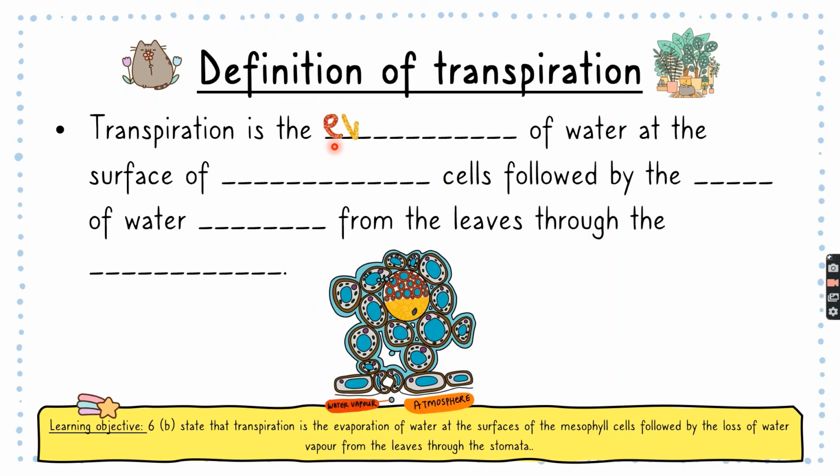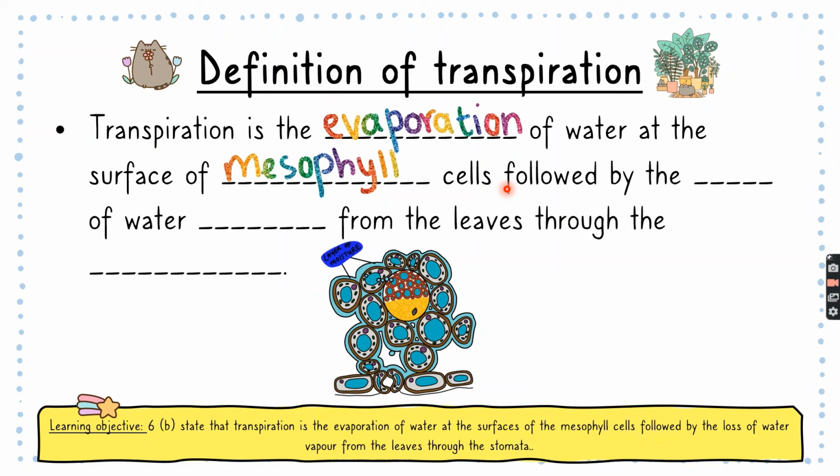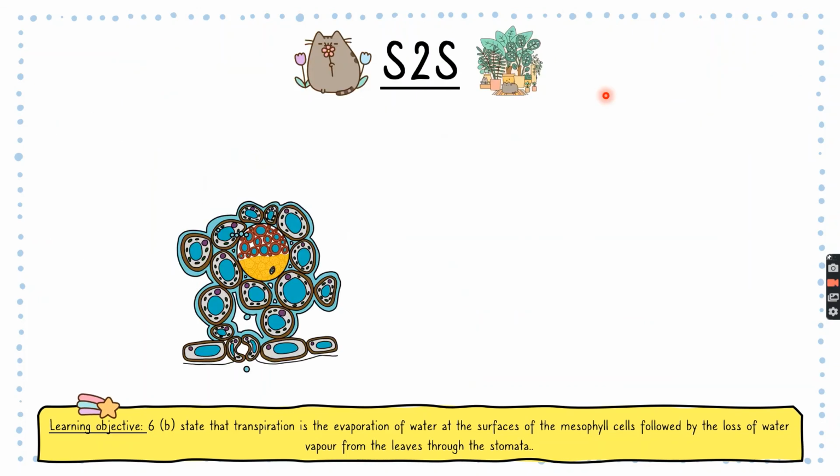It is the evaporation of water. Where? At the surface of mesophyll cells only. And then what happens after is that it is followed by the loss of water in the form of water vapor from the leaves, and it's lost through the stomata. So that is basically everything you need to memorize and learn about the definition of transpiration.